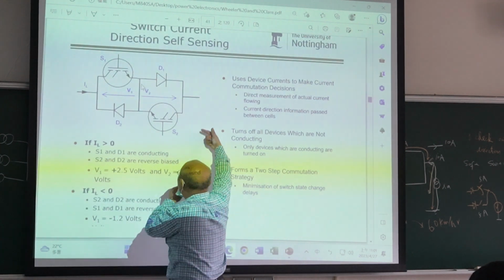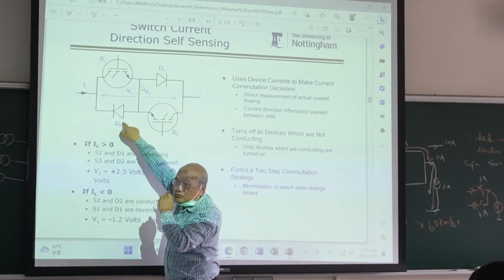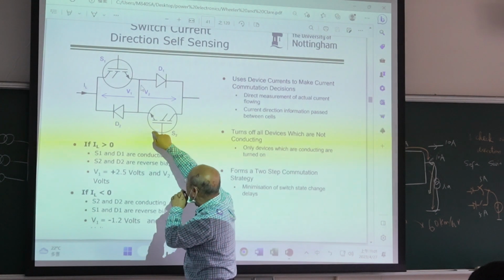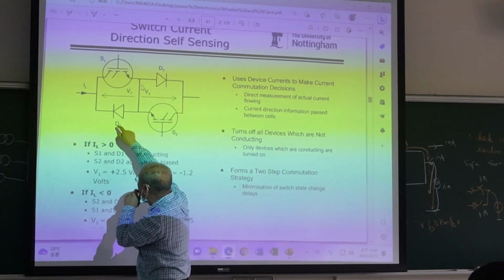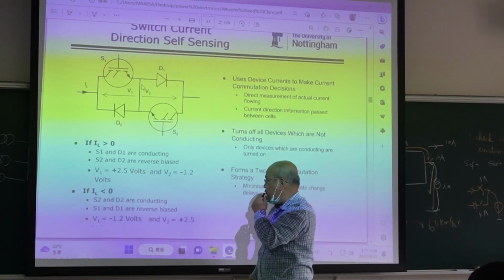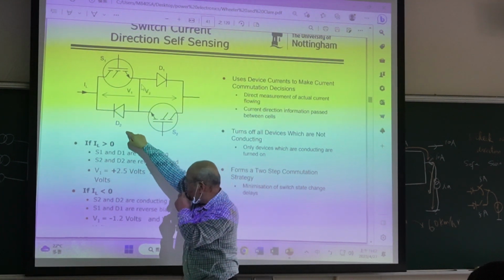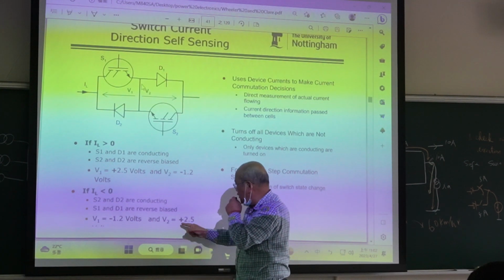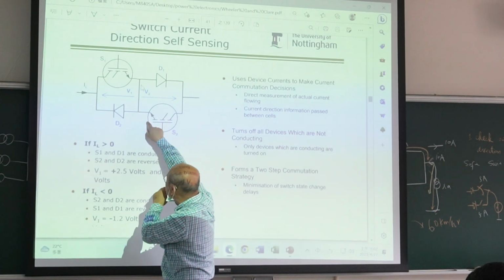On the other hand, if the current goes this way, then it should flow through these two, right? So we have plus minus 2.5. Then we have plus minus 1.2. So if we go this way, then we can see V1. V1 is the diode, 1.2. V2 is the IGBT, 2.5, right? And this is plus minus.